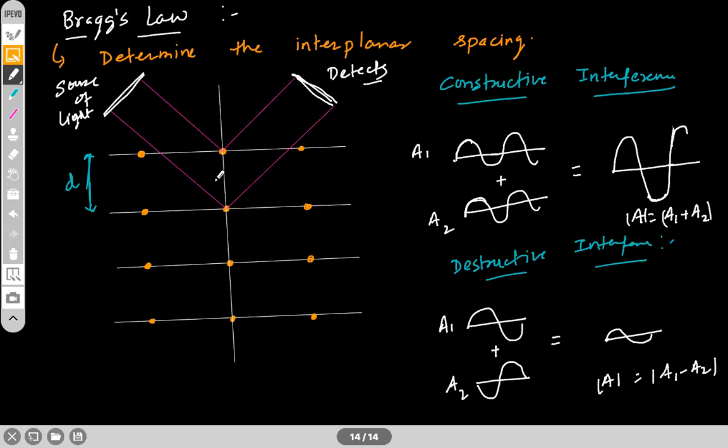Now the light that comes over here, first of all, suppose this is path 1 and this is path 2. Obviously path 2 is longer.